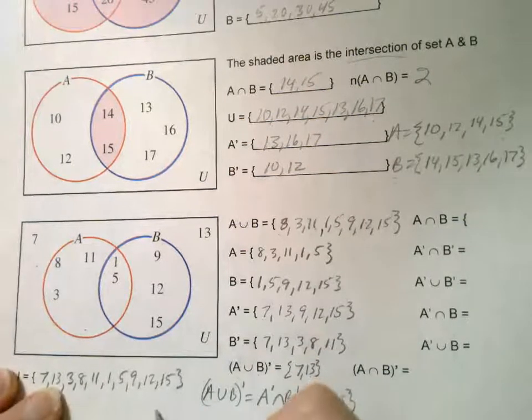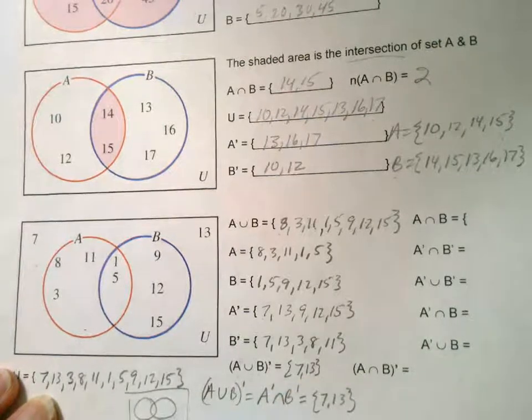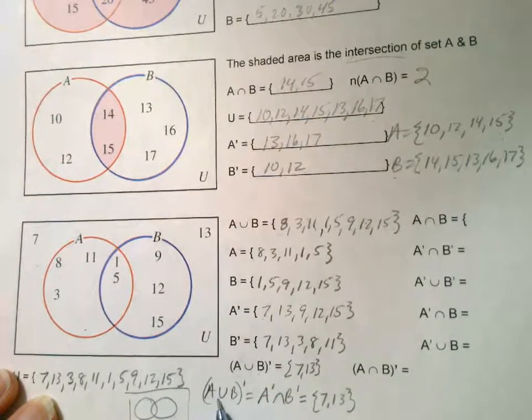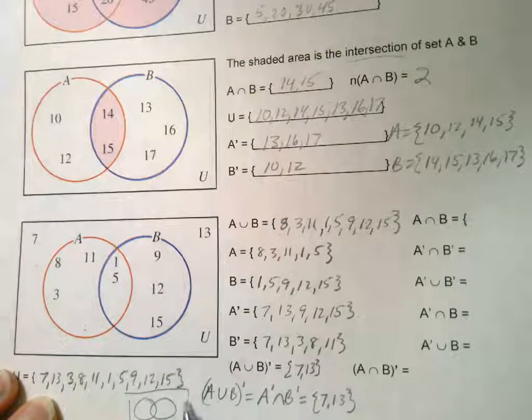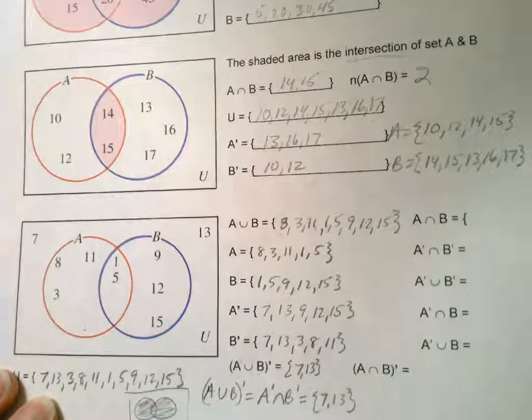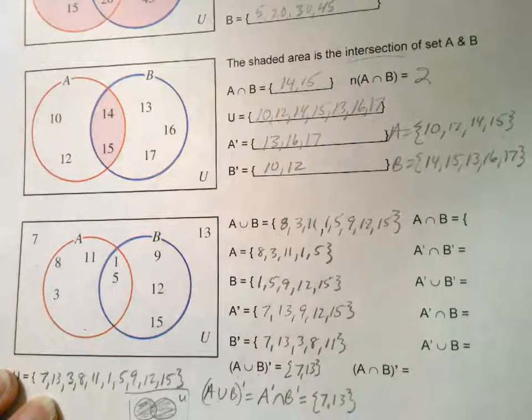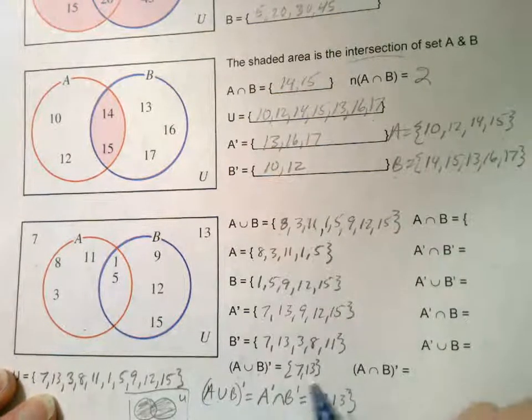Let me do a little picture. You have two circles, and the union of them would be all this. So the not of that is all the U out here. That's just one way to look at it.